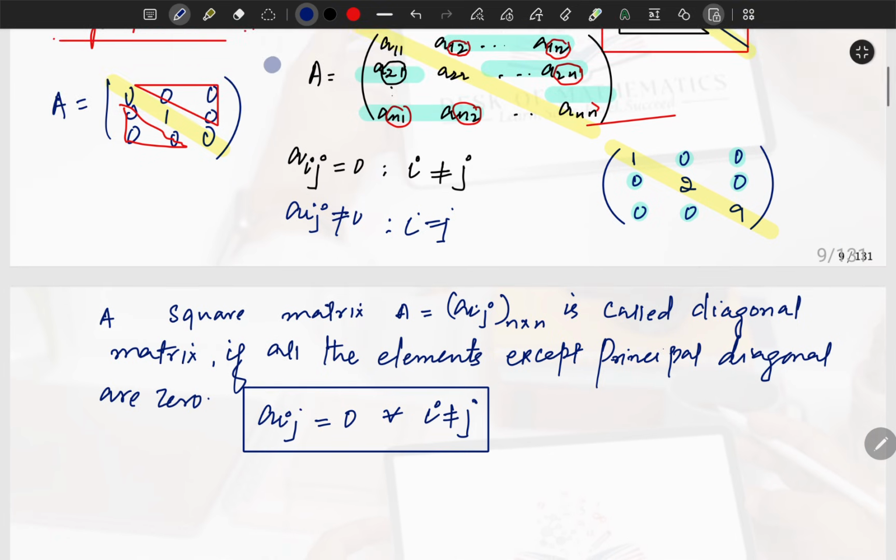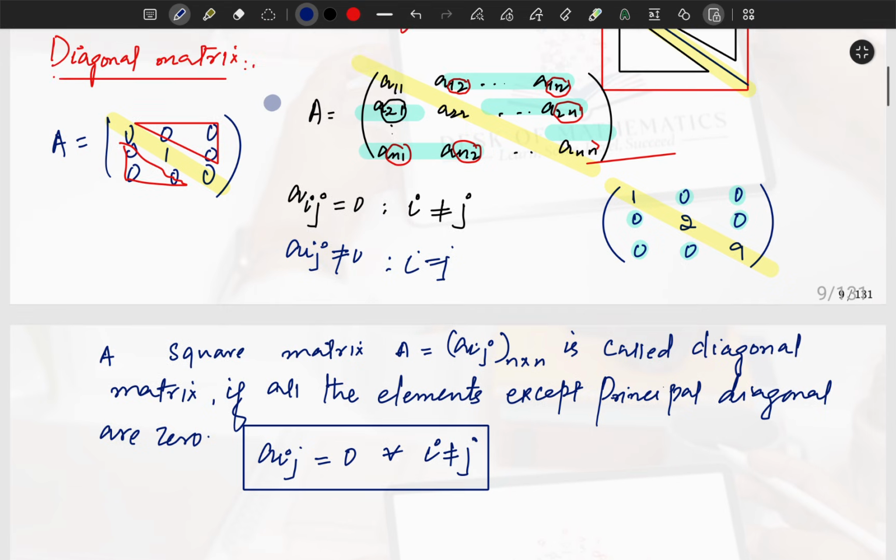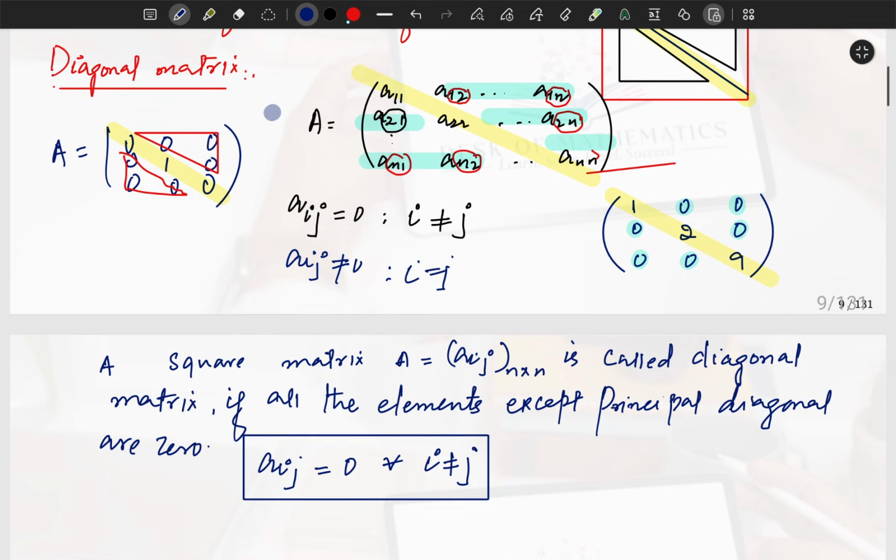Now you may question: for example, sir, if this part is 0 but this part is not 0? If this is 0 and this is non-zero, it becomes lower triangular, and if this is 0 and the other is non-zero, it becomes upper triangular.